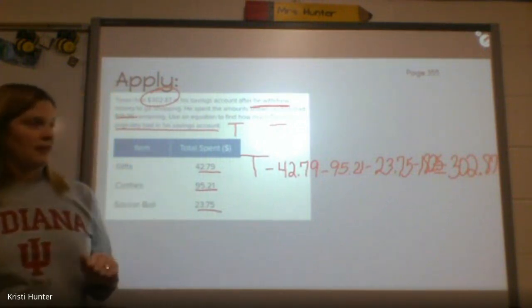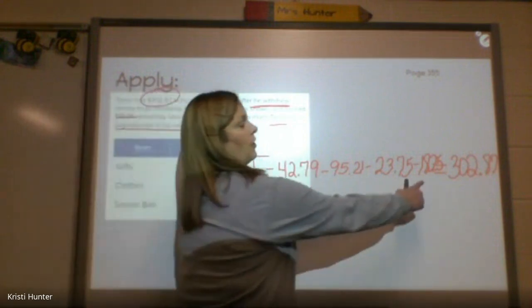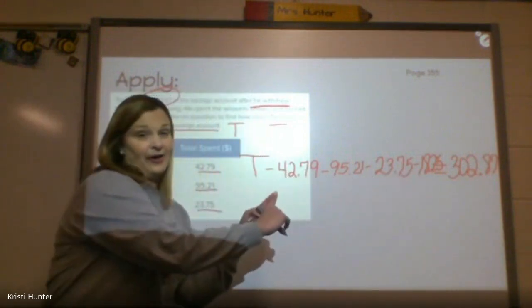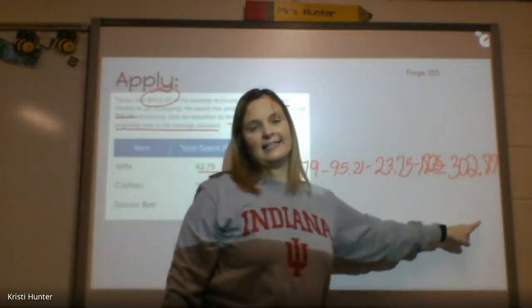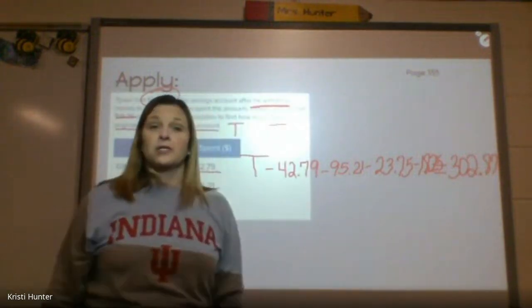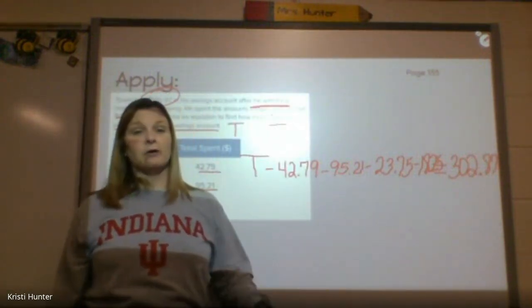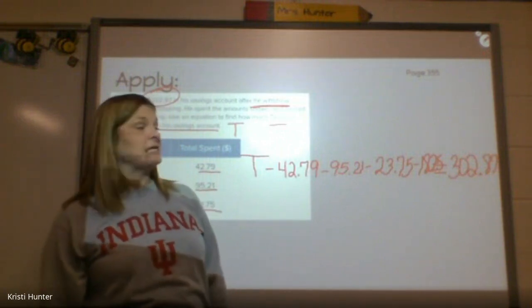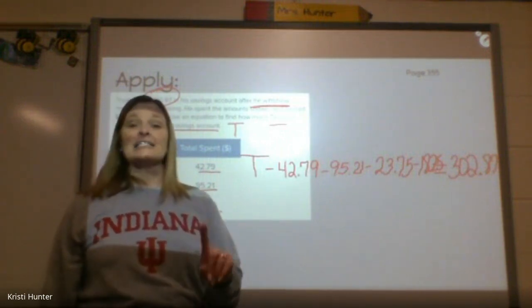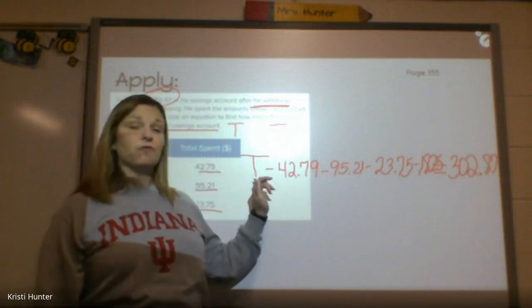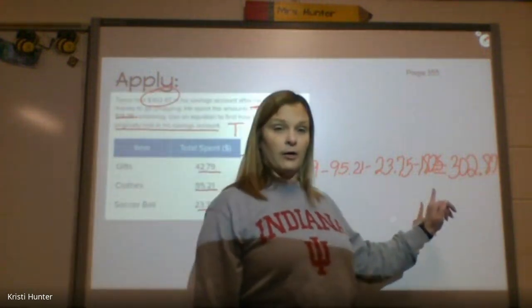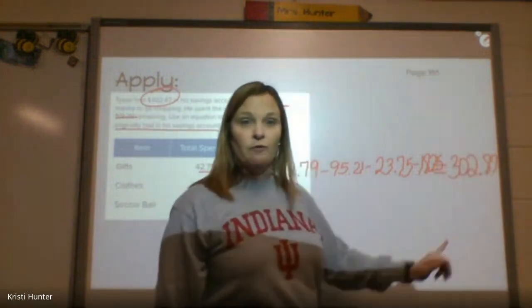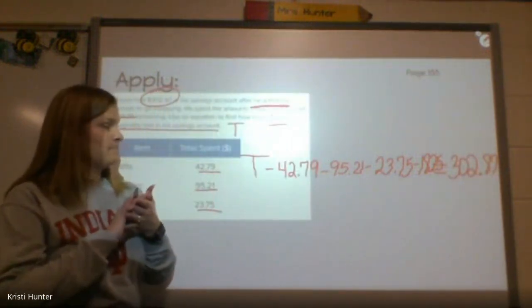If you were thinking, well, I would put all these values together to see exactly how much you spent and then add it to the other side, that would work too. There's no right or wrong way to complete this part of the problem, as long as you're solving for t by adding our parts back over together, okay?